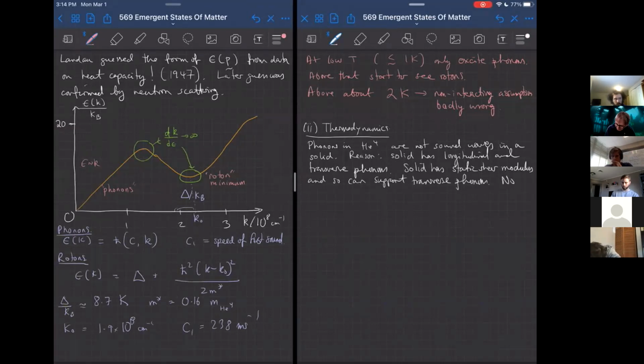So this is not true in a fluid. You can't support a shear, and so that means you only have a longitudinal mode. Okay, so the next thing is that the quasi-particles are not conserved.